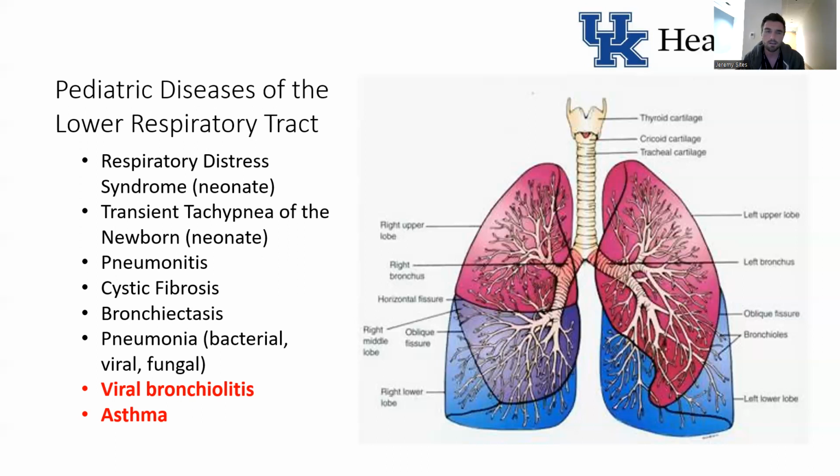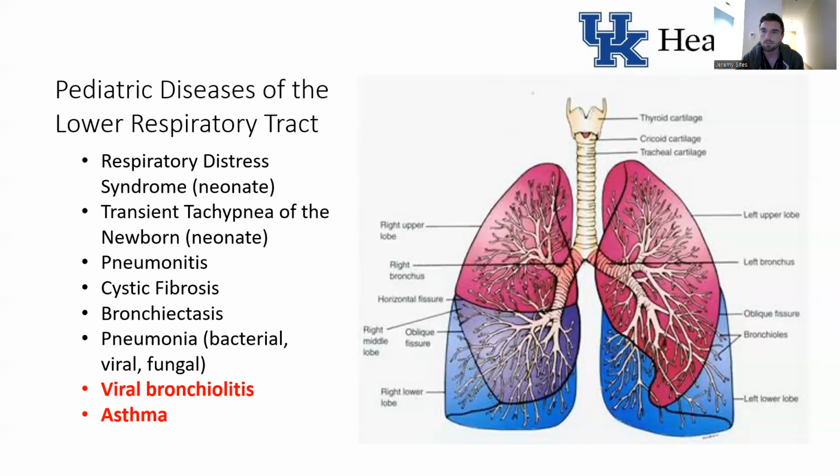Pneumonitis may be, but typically it's an inflammatory condition that occurs after a near-drowning event or an aspiration event. Cystic fibrosis is a chronic lung condition that affects children that often predisposes these children to infection. We won't really talk about that in this discussion. That's a disease that deserves its own 1-hour lecture.